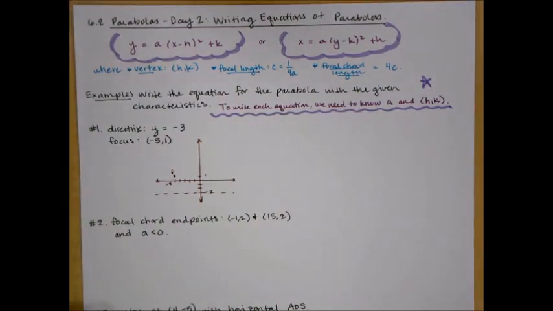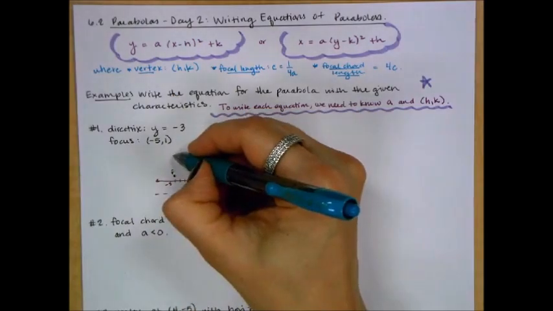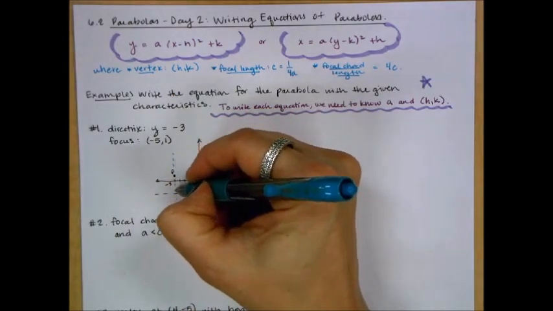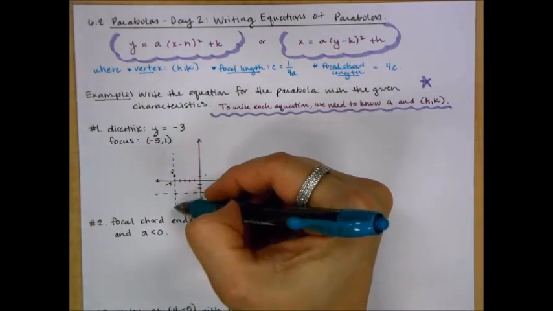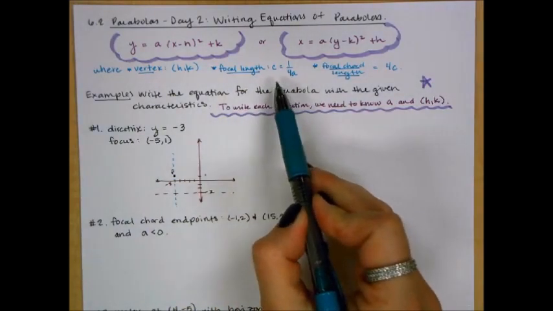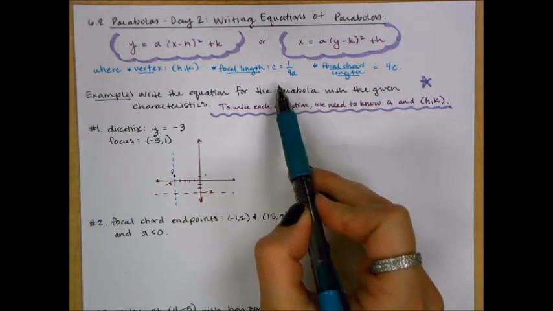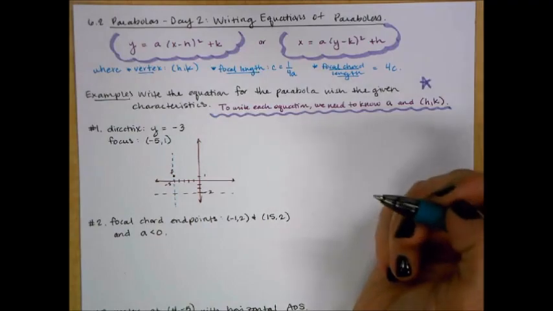What we know is that our axis of symmetry would be perpendicular to the directrix and run through the focus. That would be this way here. My vertex also lies on the axis of symmetry, and since the distance from my vertex to the focus, or vertex to the directrix, is equal, that c value, it should be right in the center of these two things.